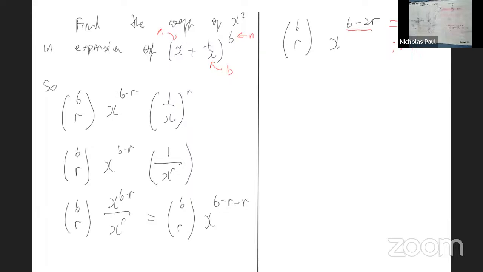Brian, what does R have to be there for it to be equal to 2? Just look at this. Solve that fast. Let's solve for R there.